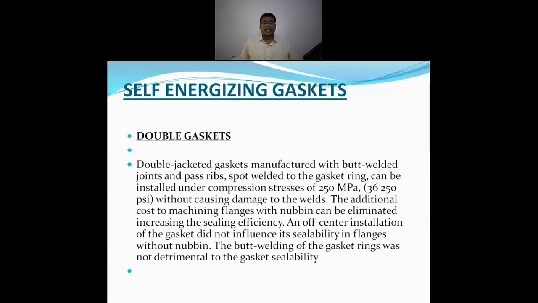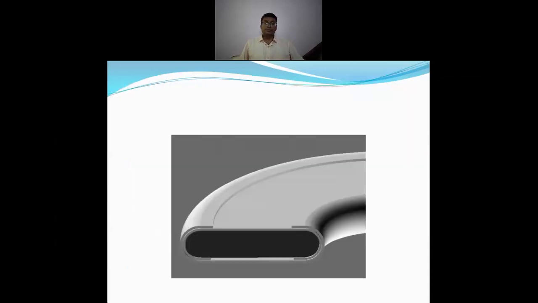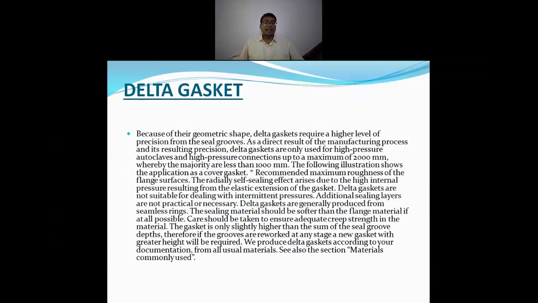These double jacketed gaskets are manufactured with a butt welded joint and pass ribs spot welded to the gasket ring, and can be installed under compression stresses without causing damage to the weld. This is what the delta gaskets are. Because of their geometric shape, delta gaskets require a higher level of precision from the seal grooves.